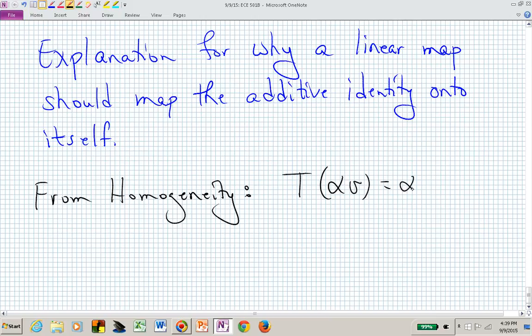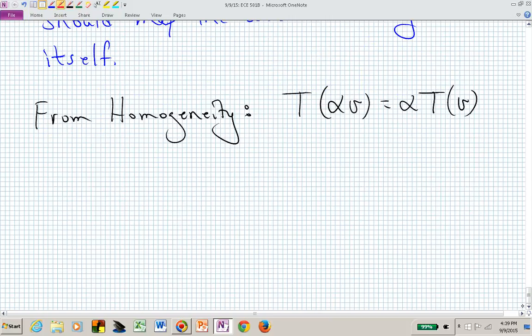It has to be the scaled linear map of V. That's the homogeneity property. What we're utilizing now, we're going back to chapter 1, and we're looking at proposition 1.4.